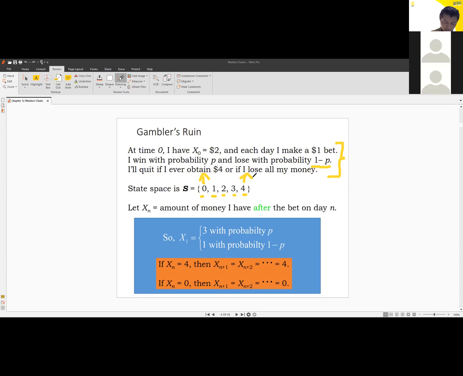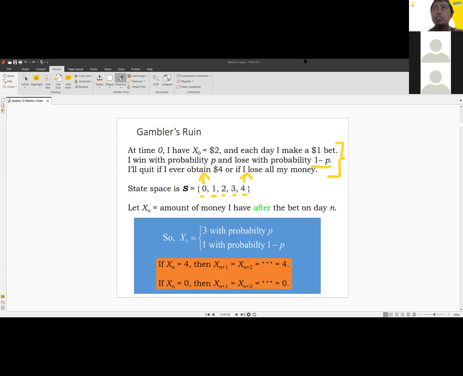I want to ask just for clarifying. So the gambler will each day make a bet until his money reaches 0 or 4. Yes. Okay.